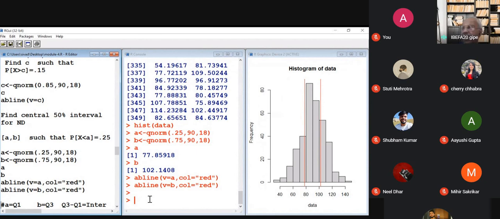So this is the way we are working with the introduction of binomial and normal distribution. The only difference: binomial is countable data, normal distribution is measurable data.